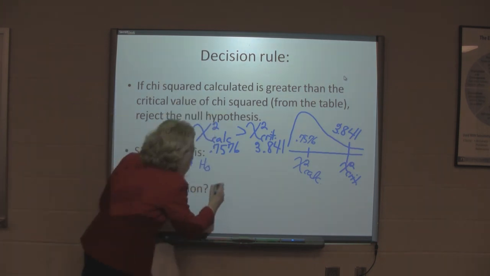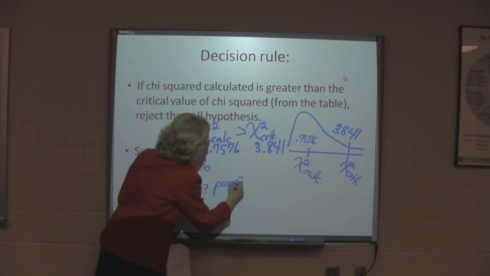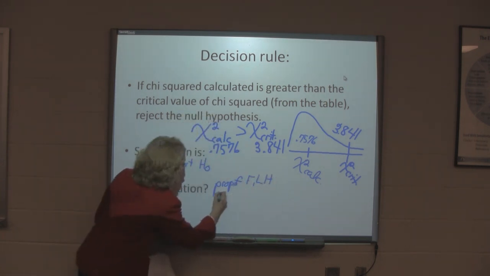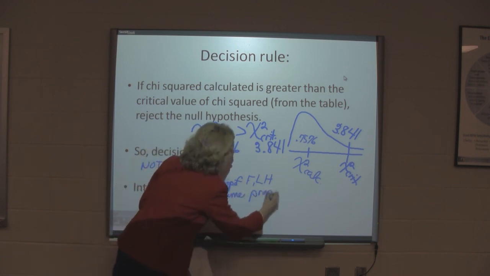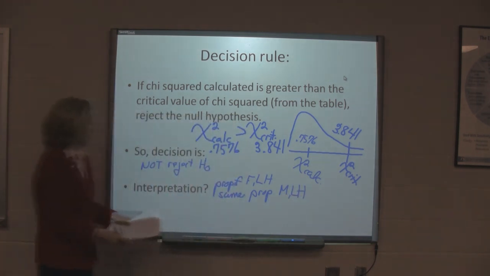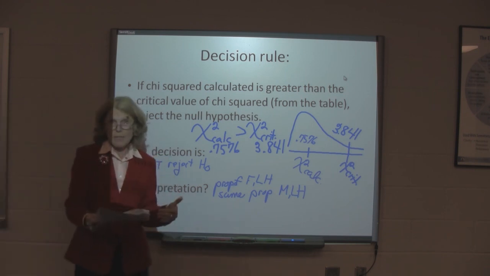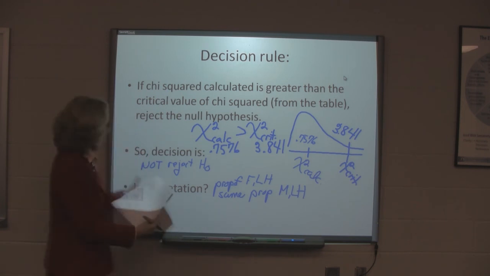So what we're going to conclude is that the proportion of females who are left-handed is the same as the proportion of males that are left-handed. There's no statistical difference at 95% confidence or 5% risk.